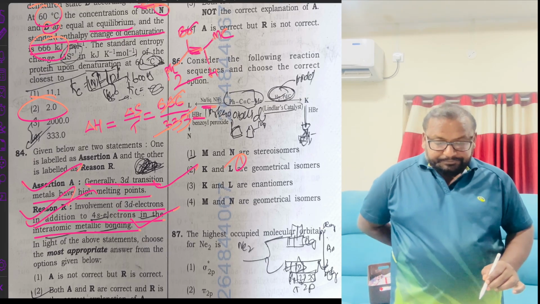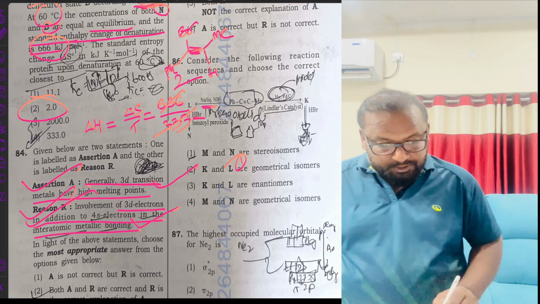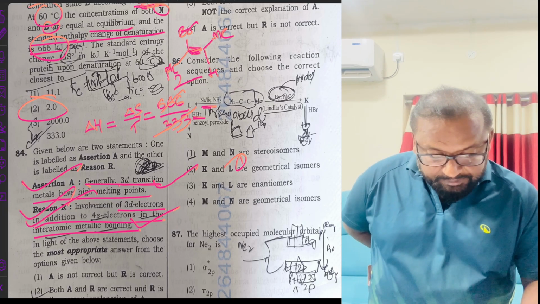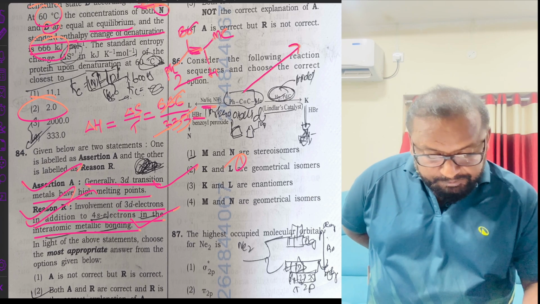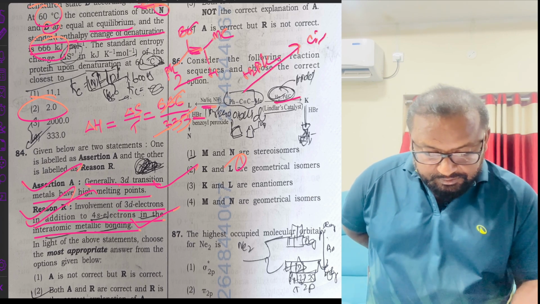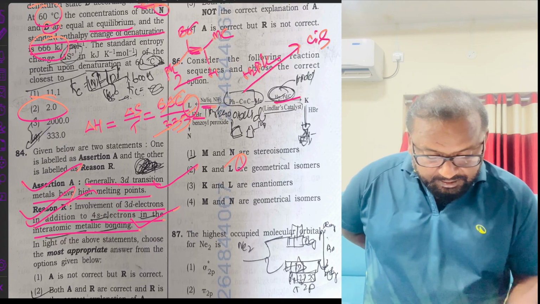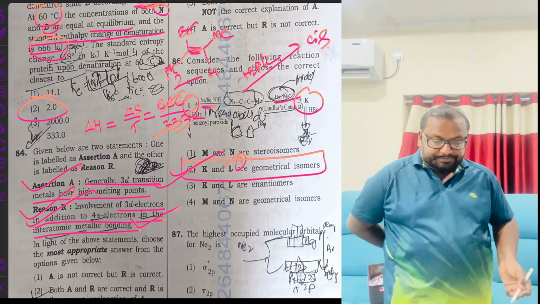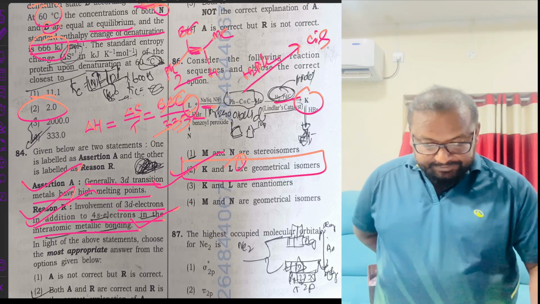Okay. The same is treated with H2 and Pd, and here cis is formed. So K and L are geometrical isomers. I found the correct answer already, why would I look for the other one?